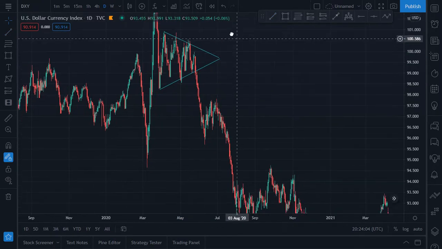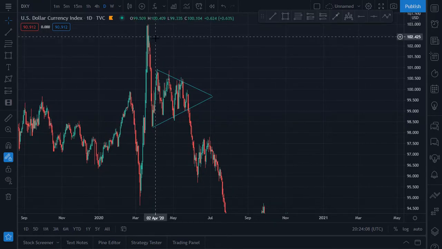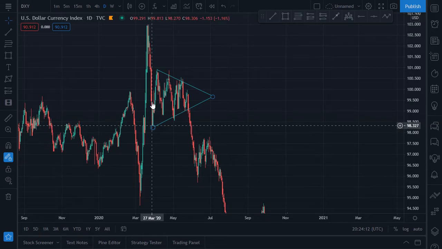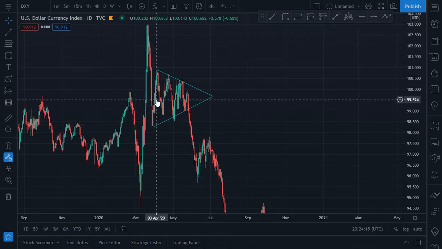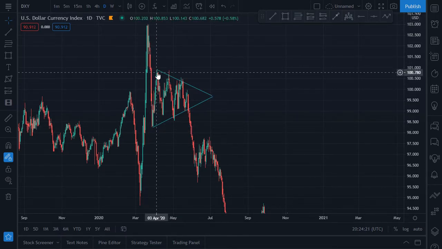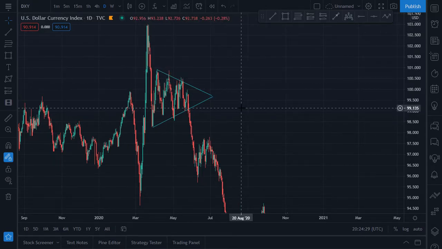Thus we had this higher high, lower high, lower low, higher high, lower high, lower low, higher high, lower high, lower low. They were just about the same height.